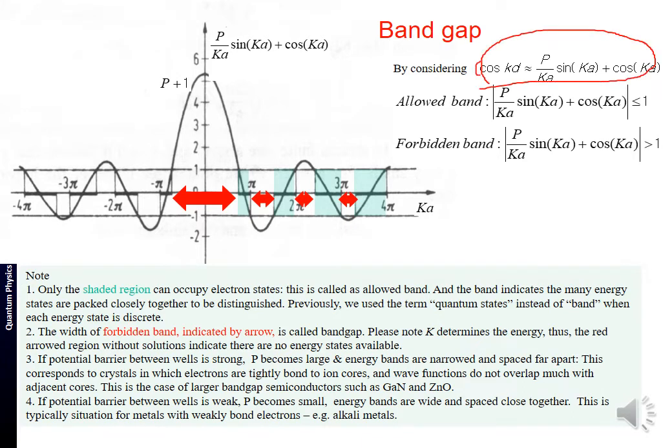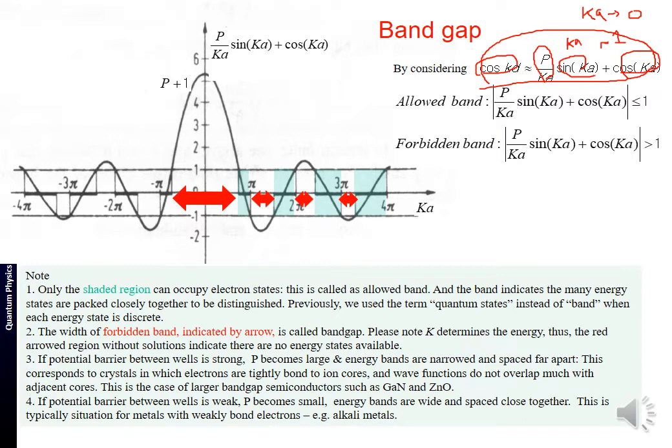we see that this is a cosine function. A cosine function cannot be larger than 1, right? And here we have sine and cosine and a certain value. If you go to the point where Ka is almost 0, then the cosine function is 1 in this approximation, and the sine function is almost Ka.